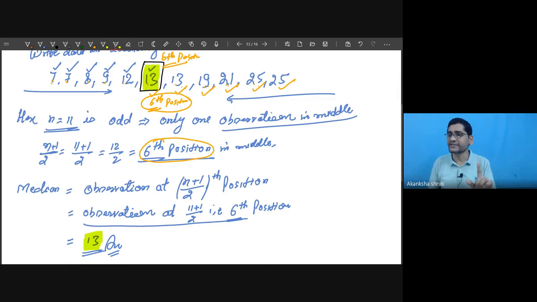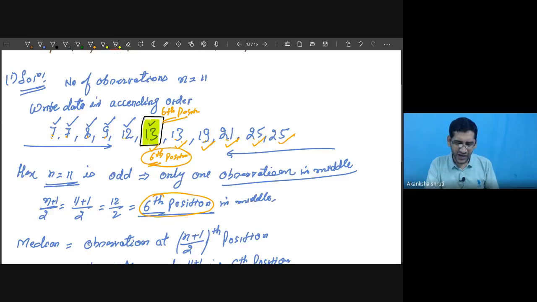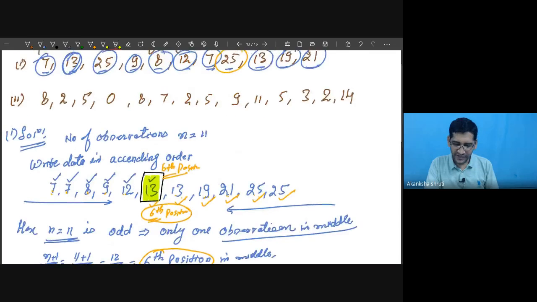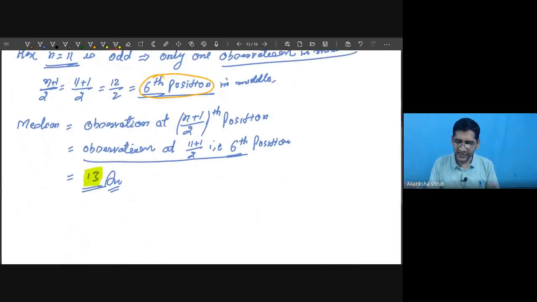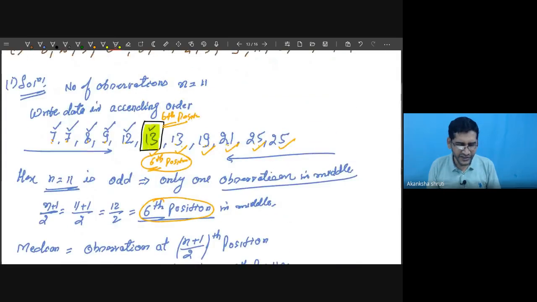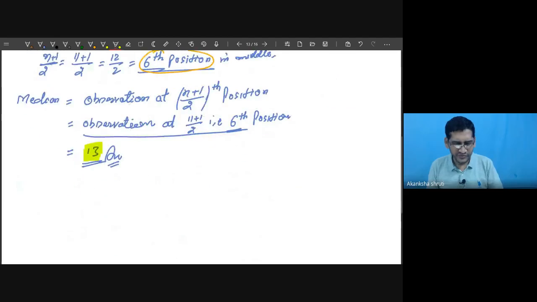So 13 is the median. I had already explained in the very beginning that mean, median, mode are values of the observation or data, not the number of observations. The number of observations helps in analyzing the data. So very first arrange it, get the middle data. That's all. Now let me come to part 2.